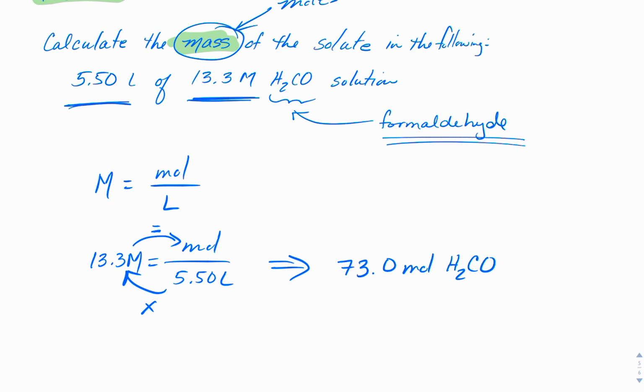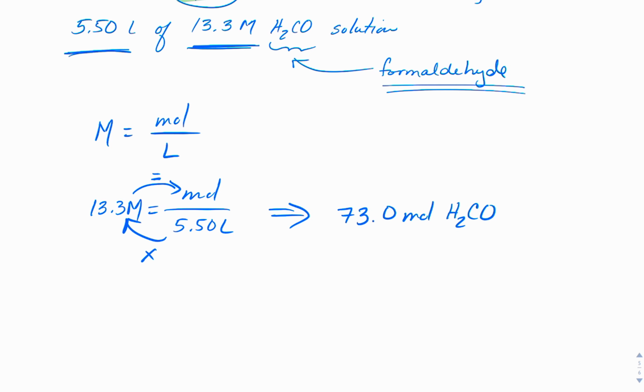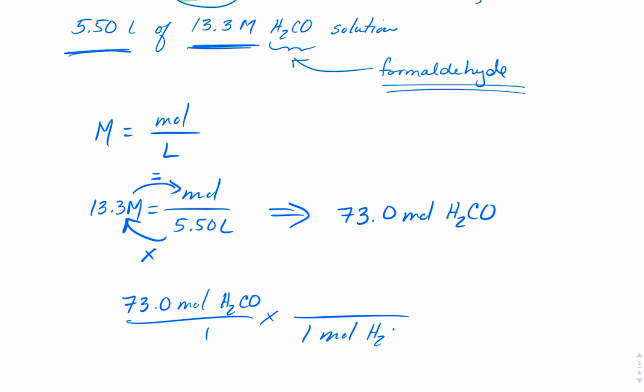Now we can take that value and convert that to mass. So if we start with our 73.0 moles of H2CO, we can convert that using the molar mass, where 1 mole of H2CO is equal to its formula mass of 30.03 grams.